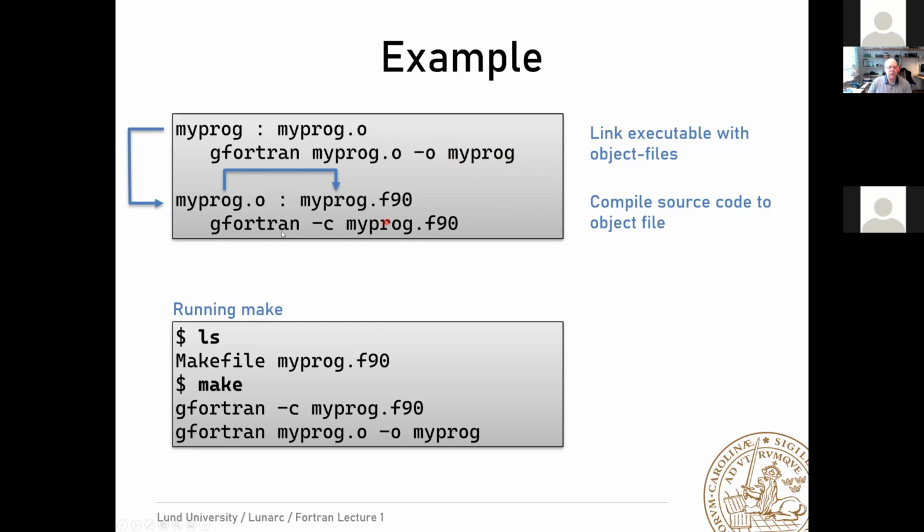And you can also see here that I have a second dependency, the next target. So myprog.o, how do I achieve this file? It depends on my Fortran source code file. And then the recipe to create myprog.o is myfortran compile myprog.f90. That would generate the o file. And then this dependency can be built as well.